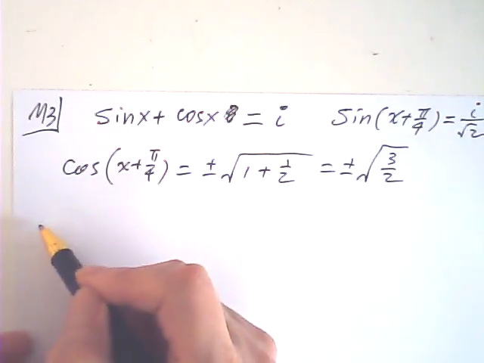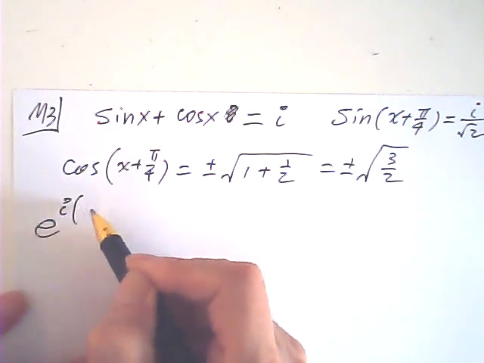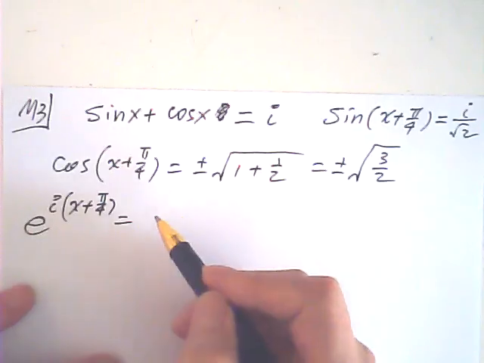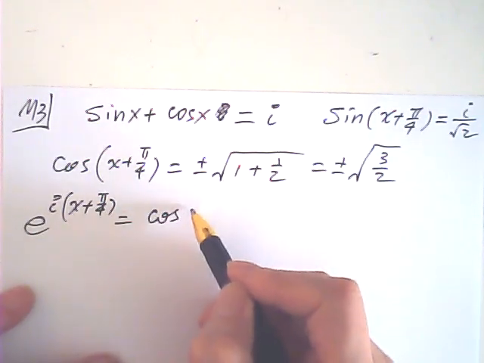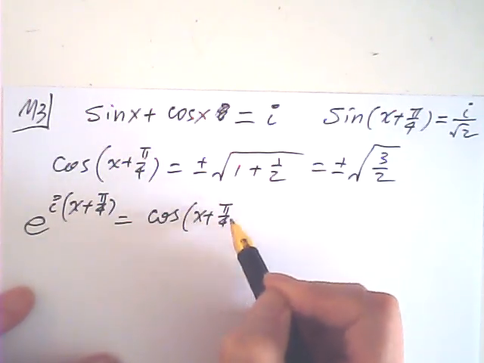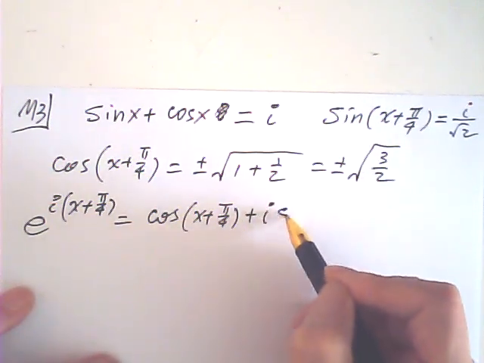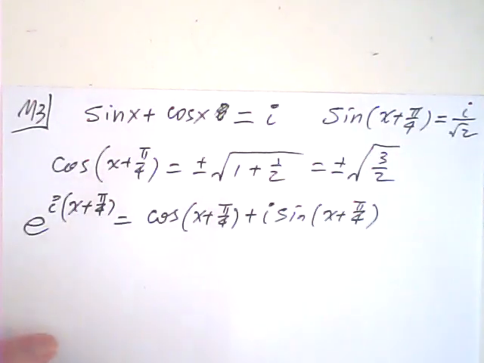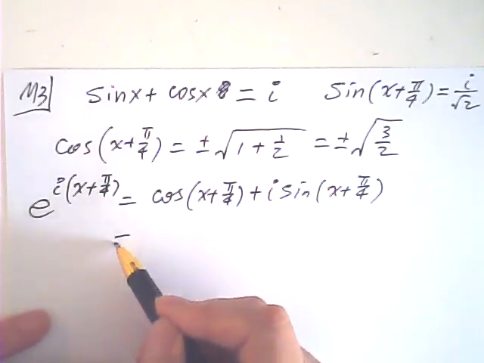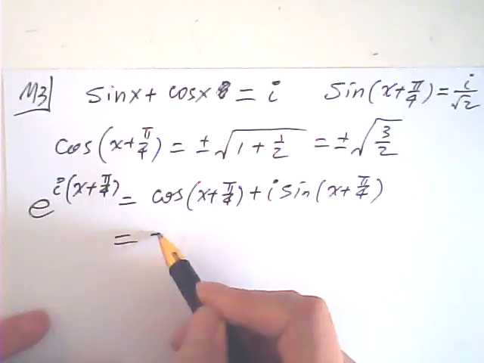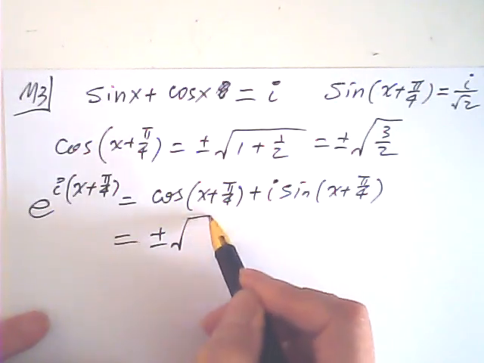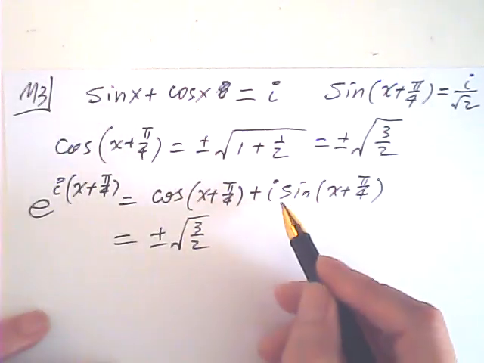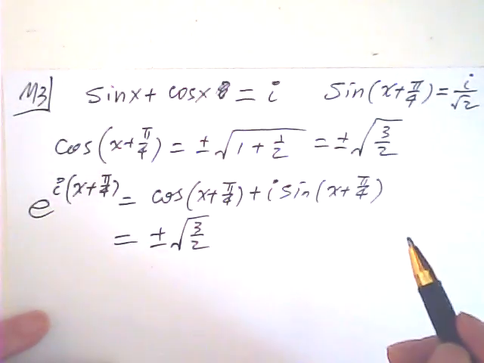So my e to the i times x plus quarter pi is equal to cosine of x plus quarter pi plus i sine of x plus quarter pi. So this is equal to plus or minus this. i times this one is negative, right?